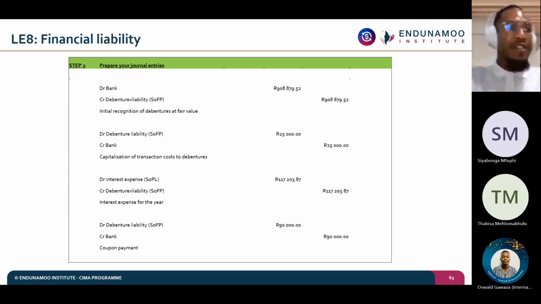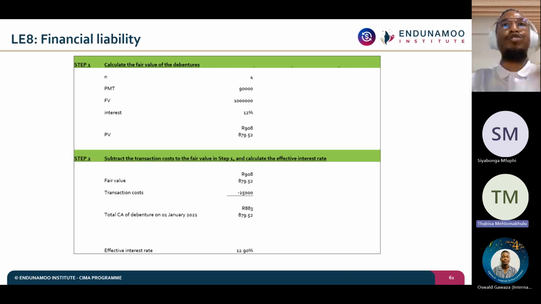Tabisa, Ogushe, are we covered? Yes, David, I'm fine. Are you 100% sure? Because now I was just thinking about this transaction cost, but now after this journal, I'm fine. Okay. Are you comfortable with how we get to the 908,000?